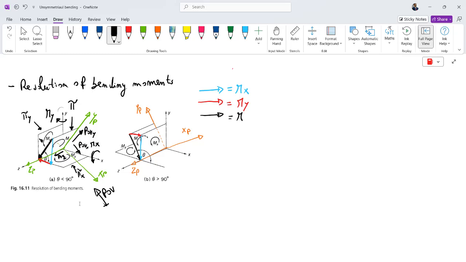So mx, for theta less than 90 degrees, is positive, so mx is greater than 0. So I can expect that the upper fibers of the beam are in tension.